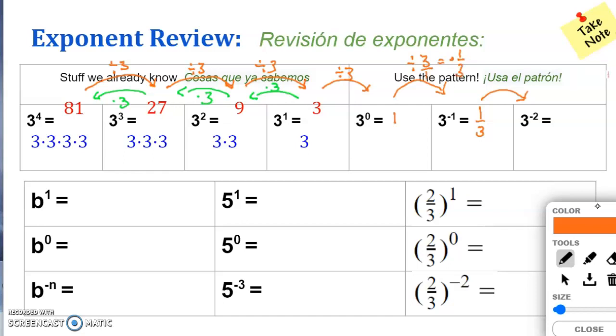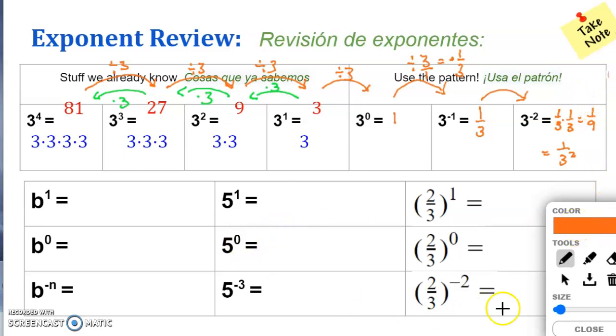The 3 is the same as 3 over 1, so you flip it and you are multiplying by 1/3. If I multiply 1/3 by 1/3, that's going to be 1/9. Or we can also represent this as 1 over 3 to the power of 2. So that's another way of representing it.